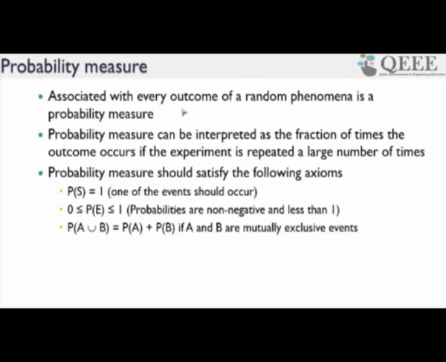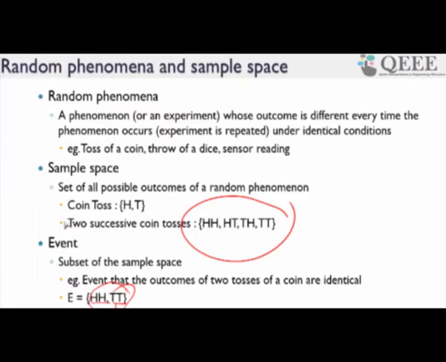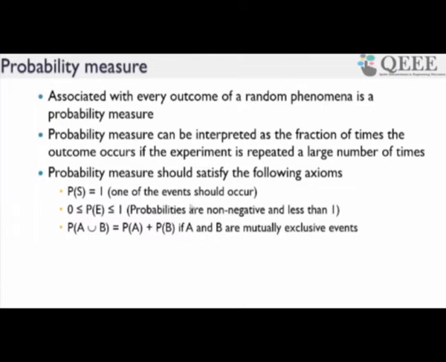Now take the next example, where I am tossing the coin twice. The sample space is this, and if you ask what is the probability of the outcome where both coin flips give the same result, that probability is also half, because whenever it's head head or tail tail, both outcomes are the same. That is our event, and it will have a probability 0.5.